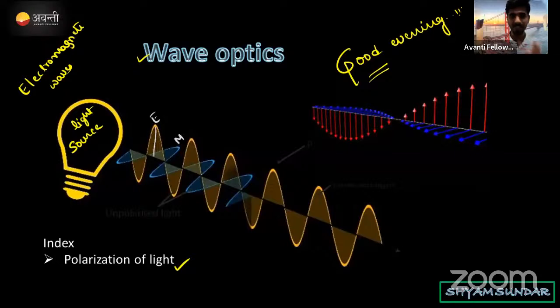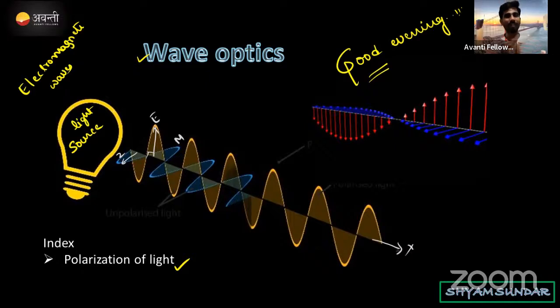Just imagine this is the y-axis. Magnetic fields are in the z-axis. They are combinedly moving perpendicular to each other. देखो ये दोनों के बीच में एंगल कितना होता है? 90 डिग्री होता है, राइट? ये दोनों vary हो रहे हैं y-axis and z-axis में, but their propagation direction will be along the x-axis here.